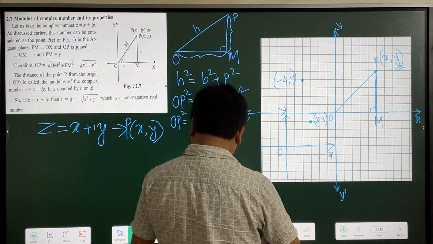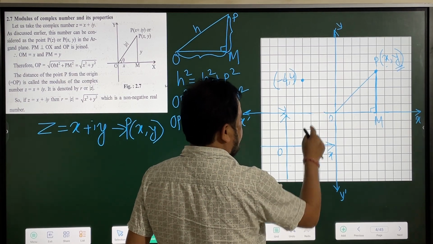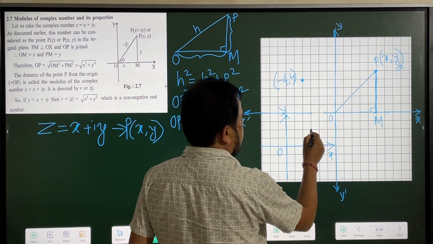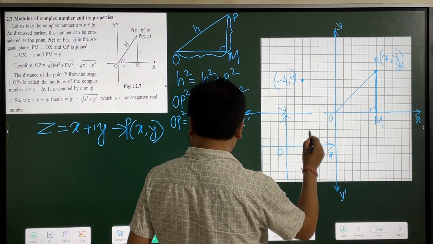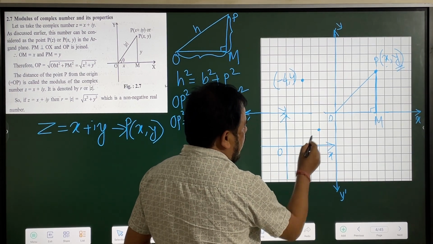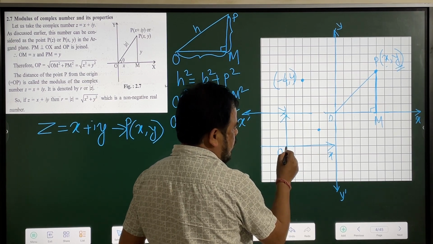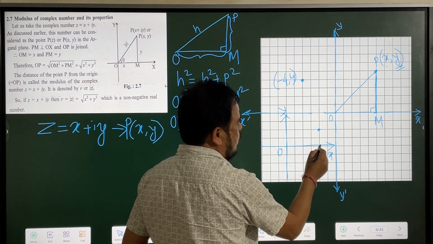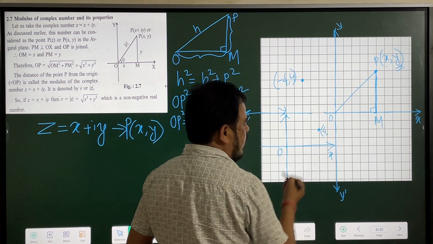So let us see this one. We have to count first along the x-axis. From the origin we count 1, 2, 3, 4. So let us write 4.